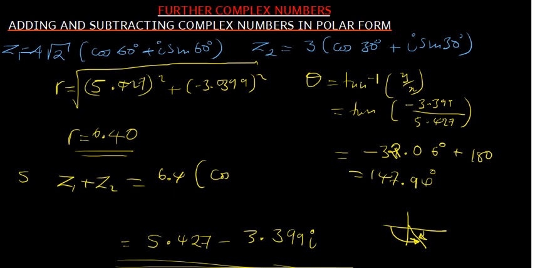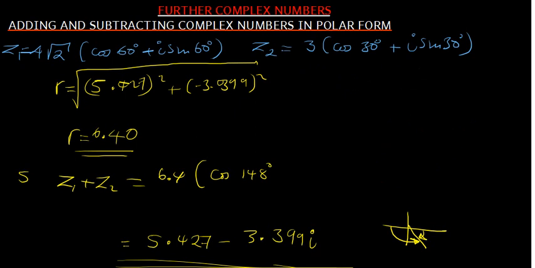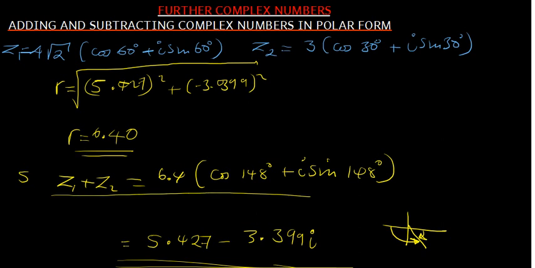The angle theta we found is 147.94, we can just say that is 148. And then plus i sin. The angle theta is still 148 degrees. So this is the complex number, the sum of those two complex numbers if we add them, which is the same as this one in rectangular form.